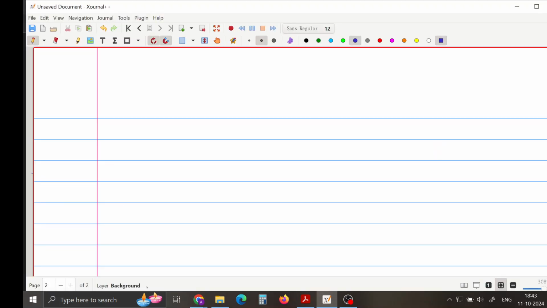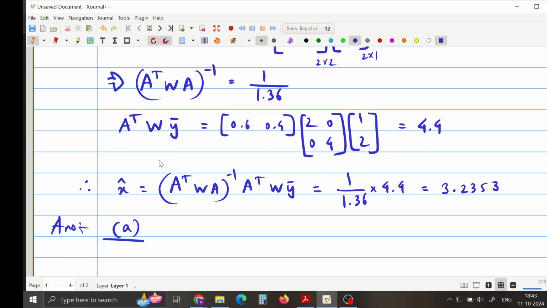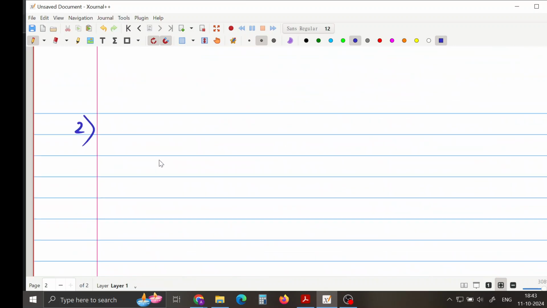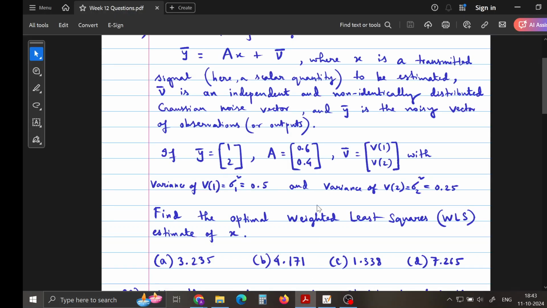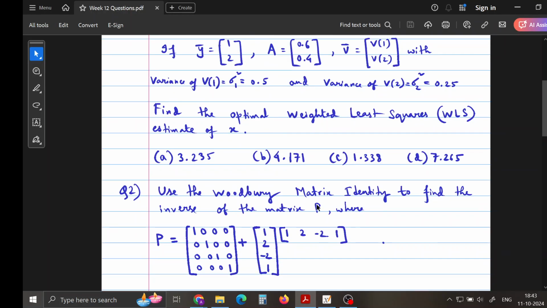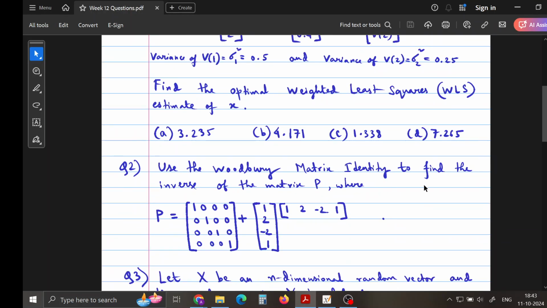Okay, so now let's move on to the second question. For the second question, you are asked to use the Woodbury matrix identity to find the inverse of this matrix P, where P is defined as follows.